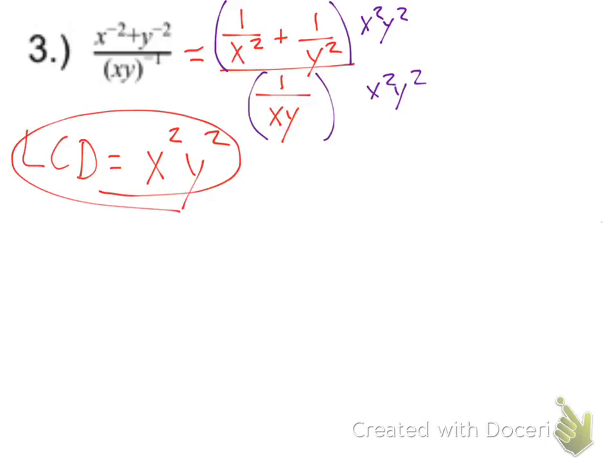I'm multiplying the top and the bottom. Why? Because x squared, y squared divided by x squared, y squared is only what? What is something divided by itself? Not 0. 1. And 1 times something else is that something else.